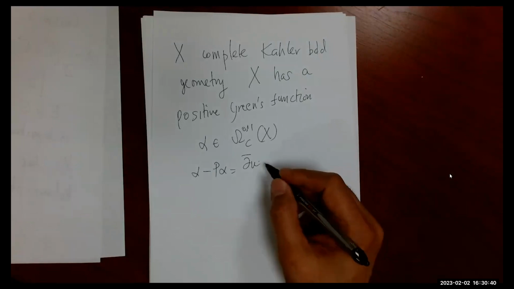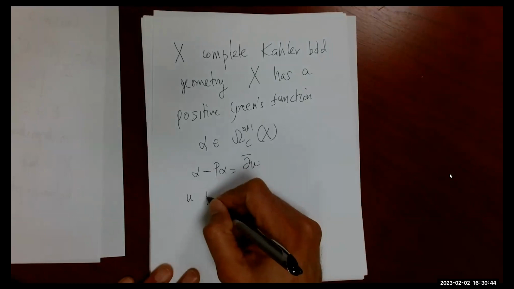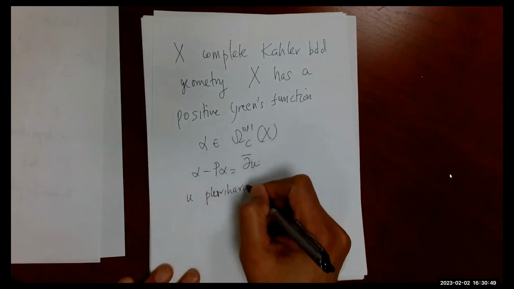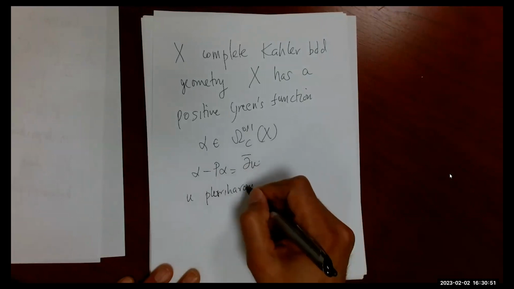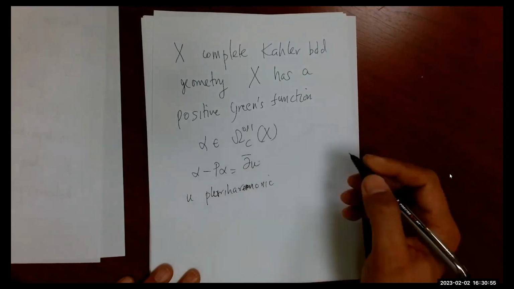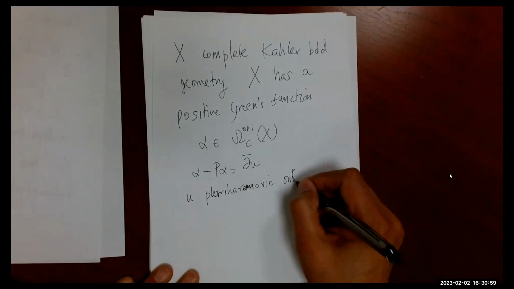So what we can do is, first thing we'll have is U is pluriharmonic outside the support of alpha.